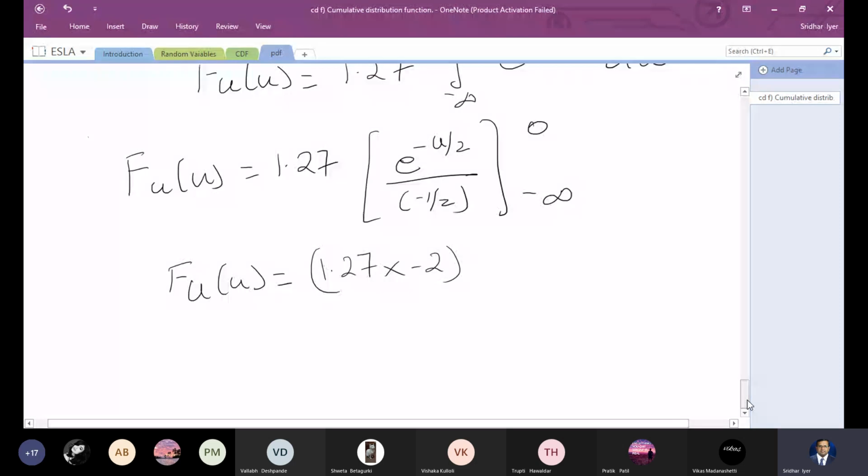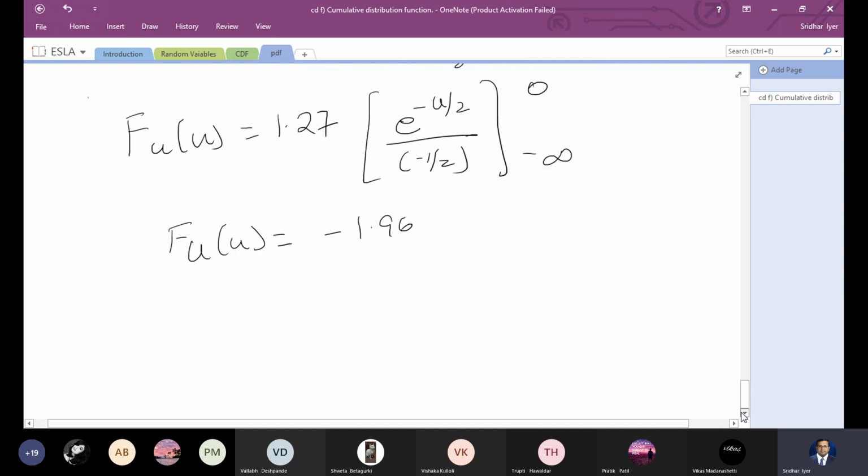Okay, that is because of the value there. So this is what I have. Do you have that with you? Somewhere around minus 1.96. Okay, great. So it's good to see students are contributing.